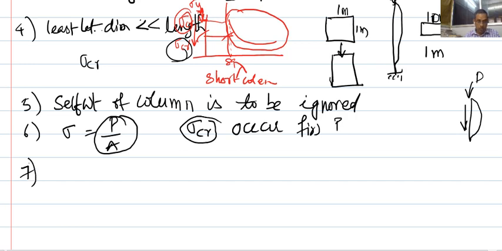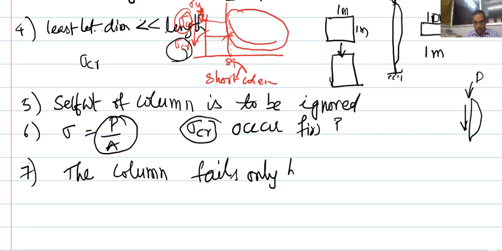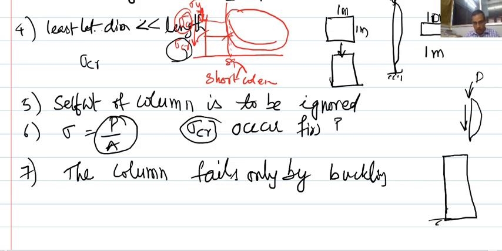Right? Sometimes the column will also fail in bending. For example, the column fails only by buckling. That means what? Suppose I have a column something like this. This is my column, right? Let us say I just kept it here. So, this is a CG.